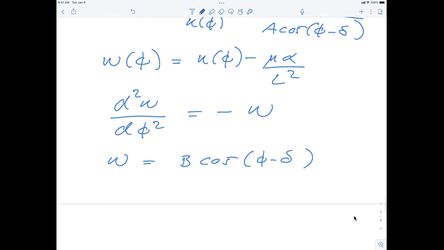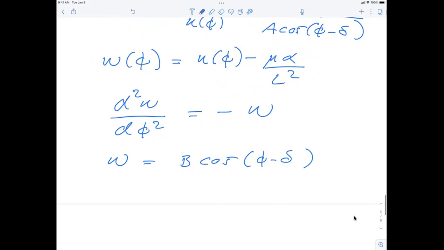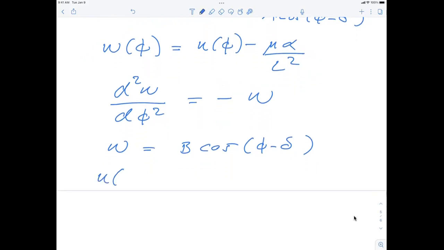And since I have used this definition of this function, we can easily find u of phi as w plus mu alpha over L squared. So what we have is a constant b times cosine of phi minus delta plus mu alpha over L squared.